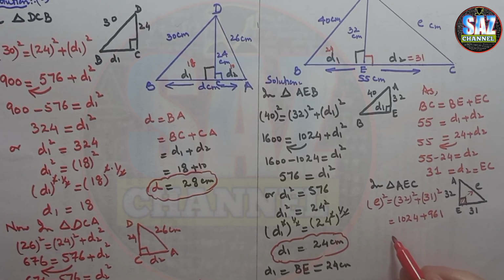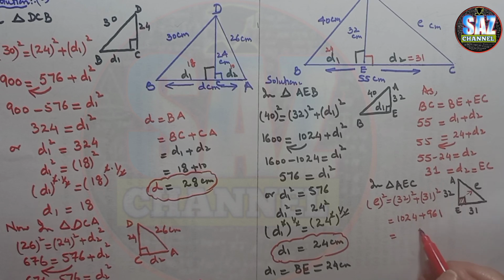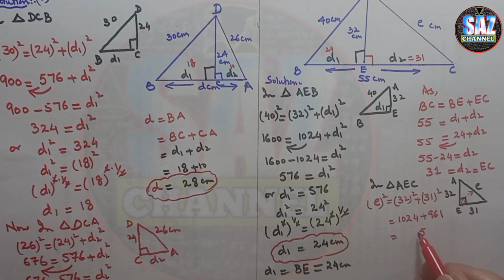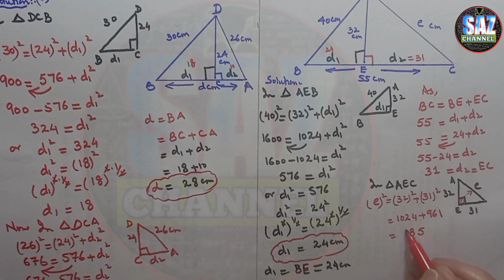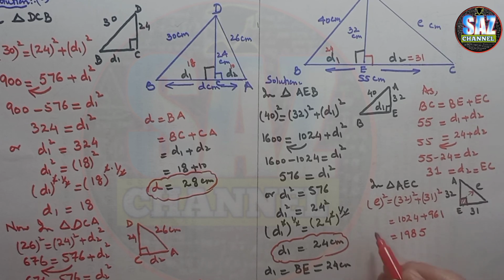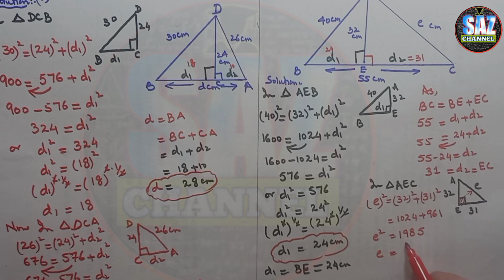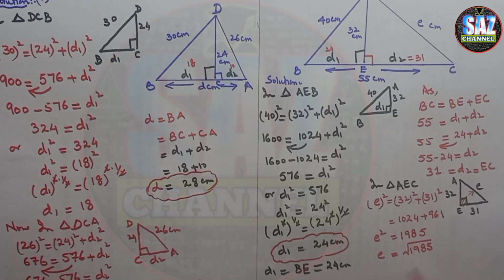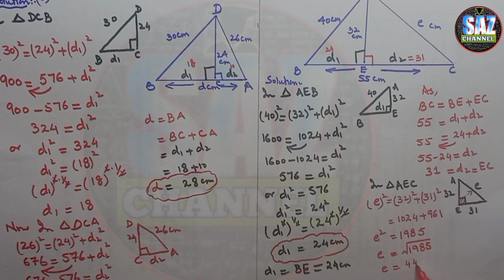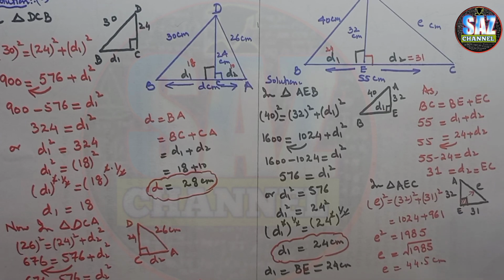This gives me 4 and 1 is 5, 6 and 2 is 8, 9 plus 0 is 9. 1985 equals E square. Now in order to get the value of E, I have to take the square root on both sides, and my equation will take the form square root of 1985, that is 44.5 centimeter, which is the requirement of the question.